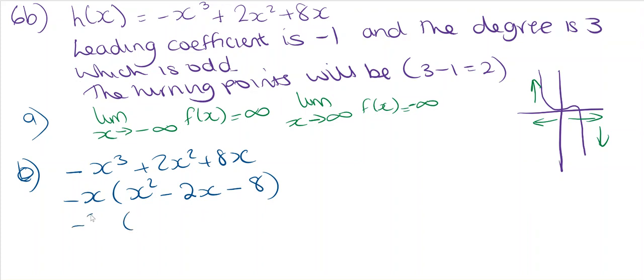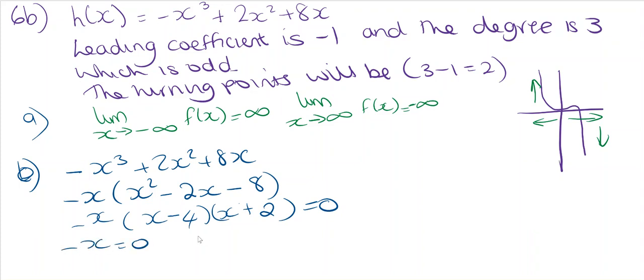So looking for factors of minus 8 that will give us a difference of 2. So this is going to be x, so we've got 4 and 2, and we want it to be minus and plus. So making this equal to 0, so minus x is equal to 0, x minus 4 is equal to 0, and x plus 2 is equal to 0.